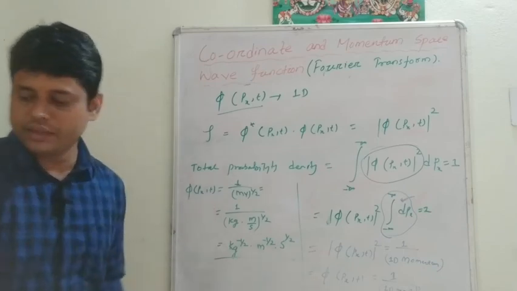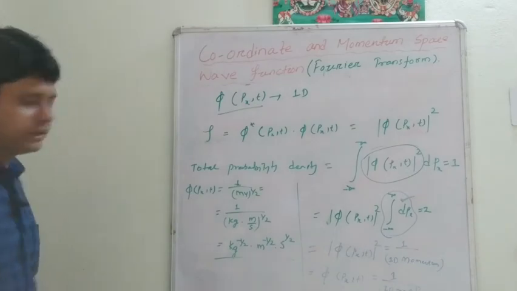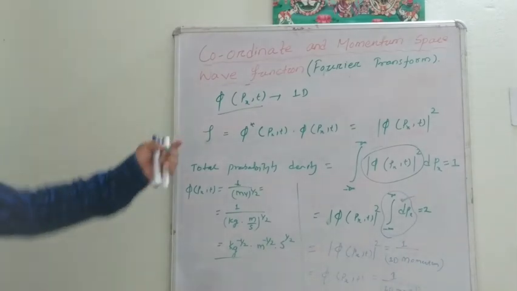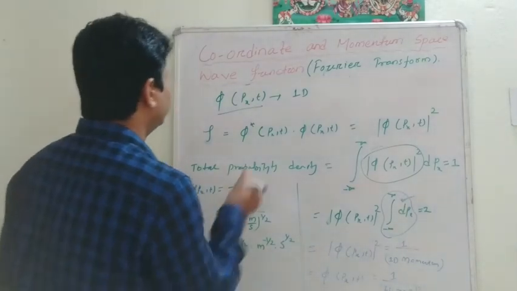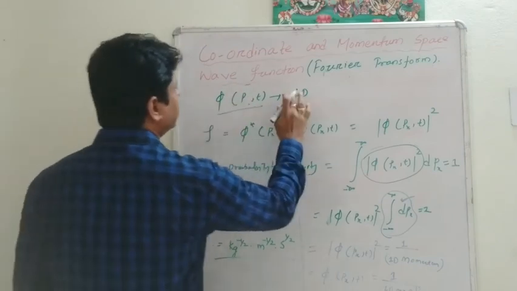Likewise we can find it in 3D, and we can write the same thing in 3D. Then it will be represented by phi(p, t) in 3D.